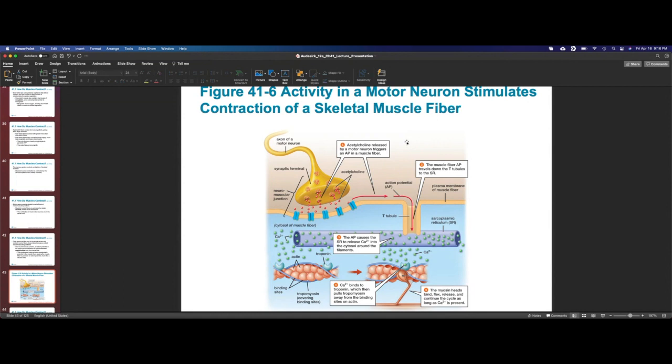And so an excitatory event generates an action potential that propagates down through the neuron and releases the neurotransmitters, and then that action potential will propagate down through those T-tubules until it gets to the sarcoplasmic reticulum.